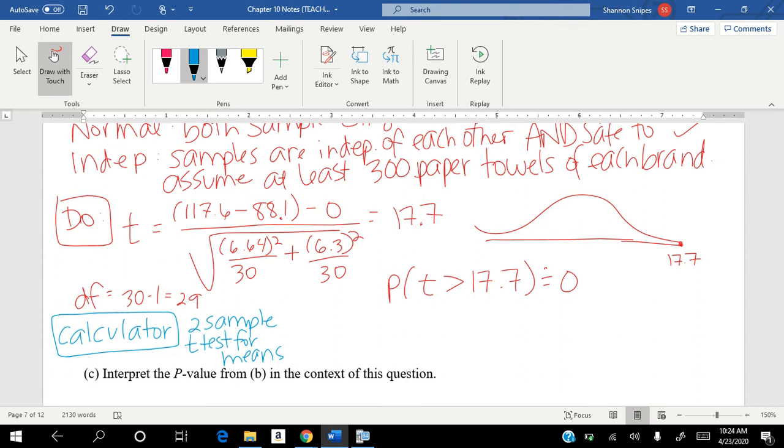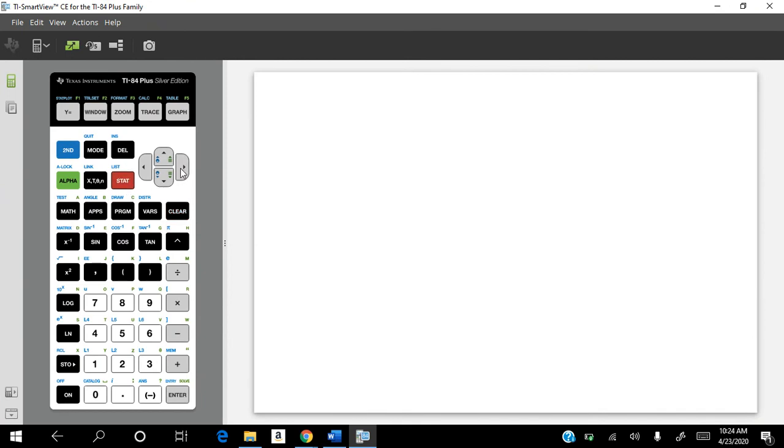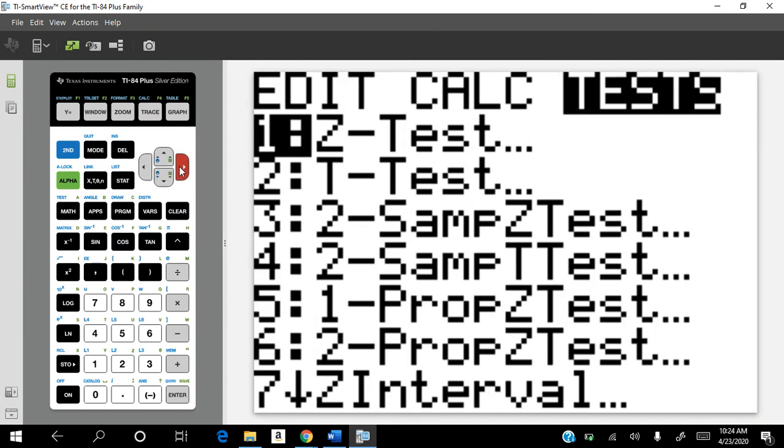It's mandatory if you are using the calculator. You also need to list your test statistic, T, your p-value, and your degrees of freedom, which I'm going to show you how to get from your calculator. All right, so you go to your calculator, stat, over to tests. We're doing a 2-sample t-test.